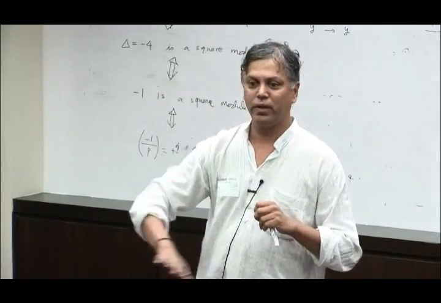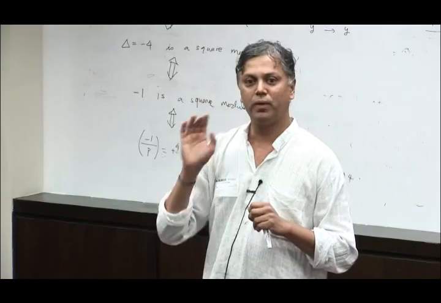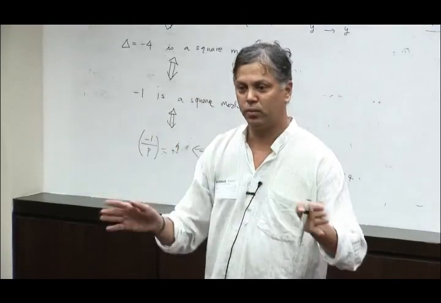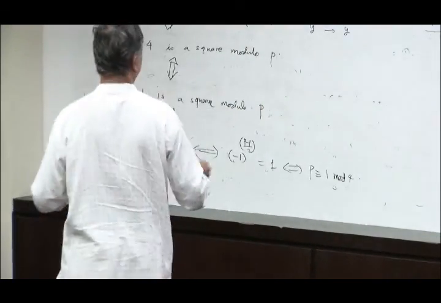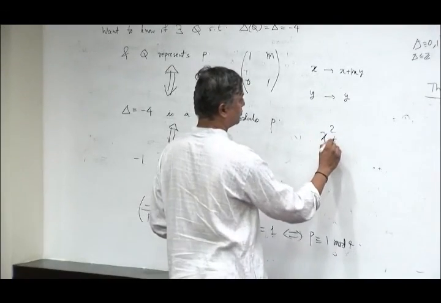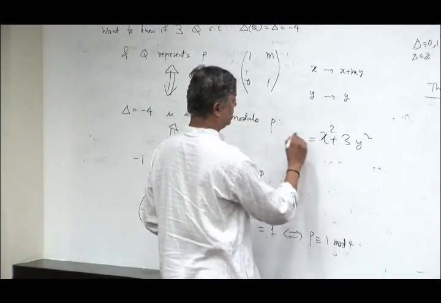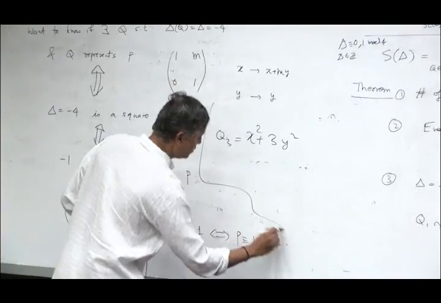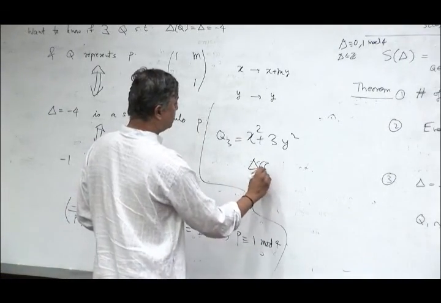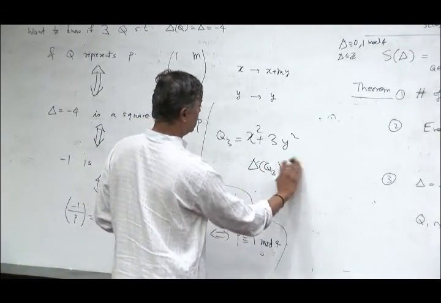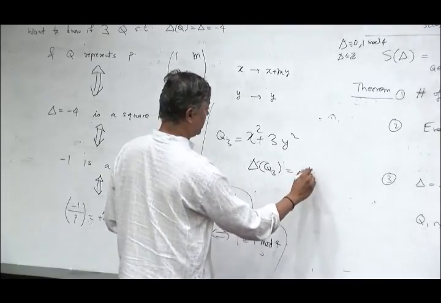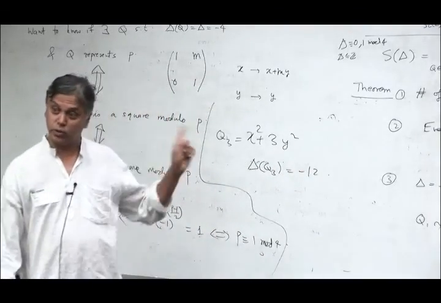So anyway, moving on. For delta equal to minus 12 you can also calculate, and it turns out to be 1. In that case, the quadratic form is x squared plus 3y squared. Let's call it Q3, and this is delta of Q3, b squared minus 4ac is minus 12. Again, this is a unique one.